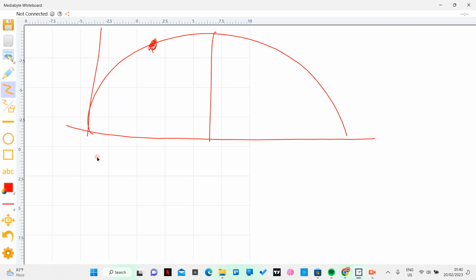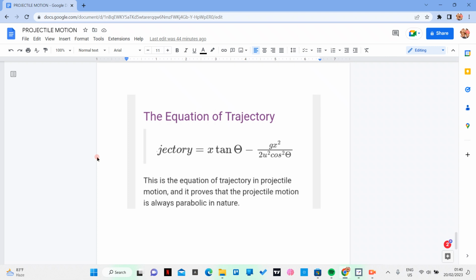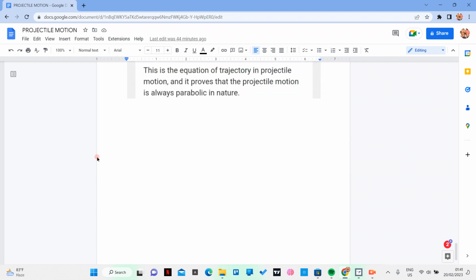So you are going to need this particular formula to do that. But let's just reserve this for ahead of your post-UTME. Just for knowledge purposes, take note of this formula: x tan theta minus gx squared over 2u squared cos squared theta.